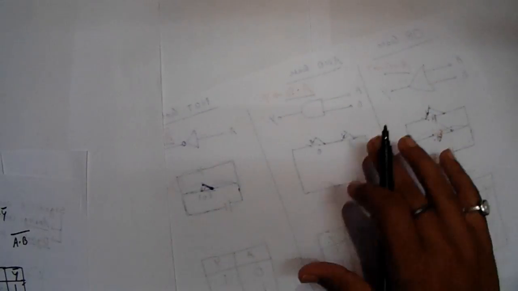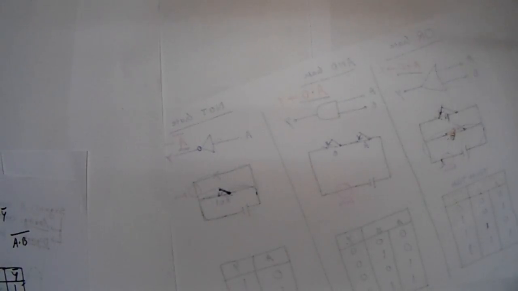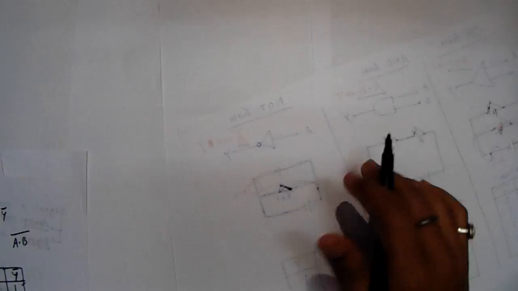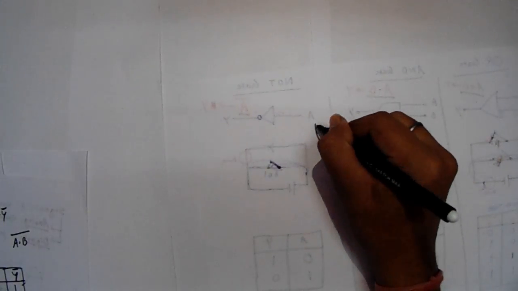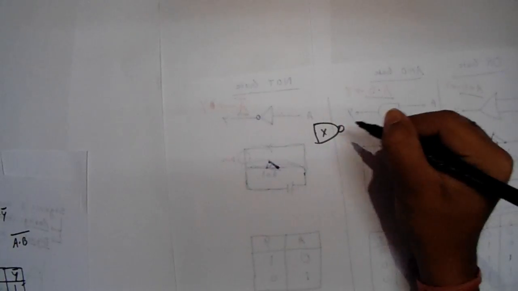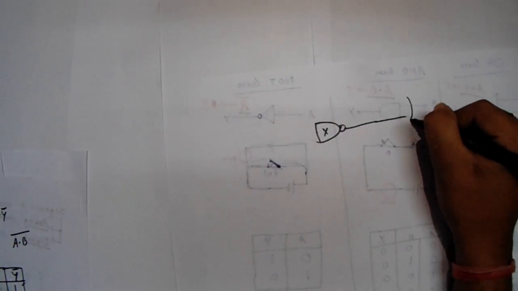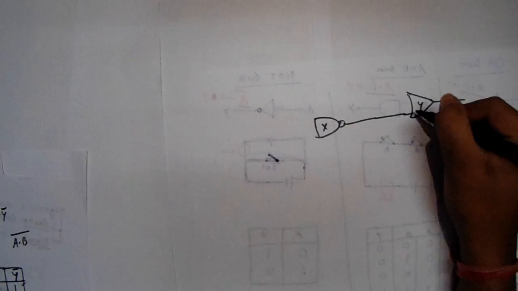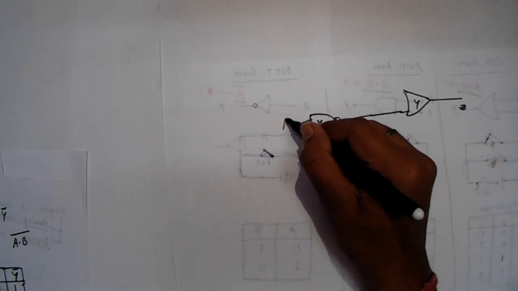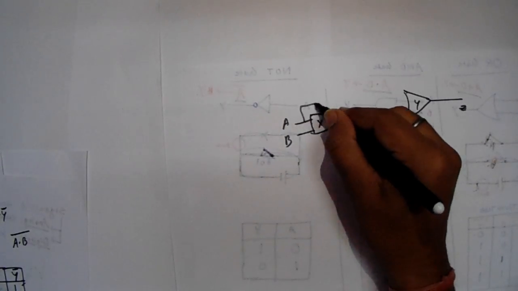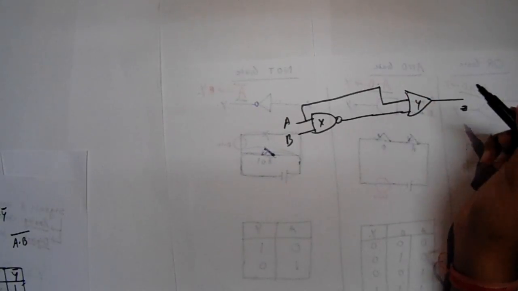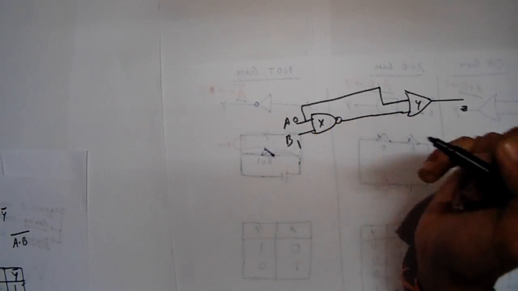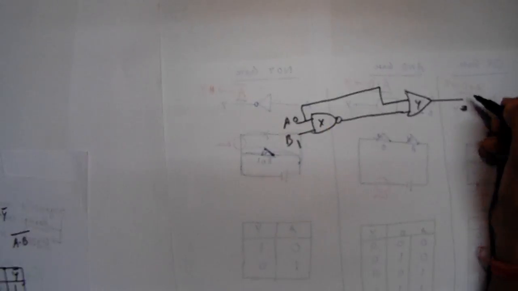Okay, let me show you some examples for solving questions. Let's have a question here. We have X, this is Y. The output is Z. X has two inputs, A and B, and from A we have an input to Y. If we have 0 at A and 1 at B, what would be the output Z?